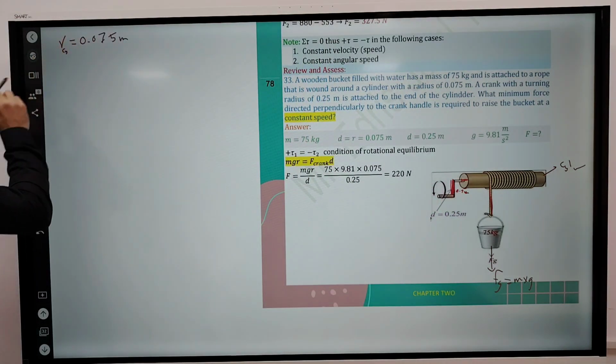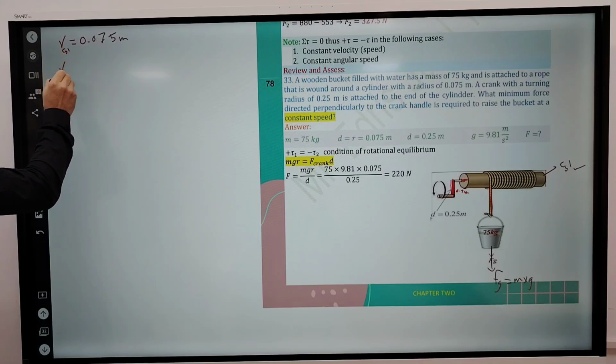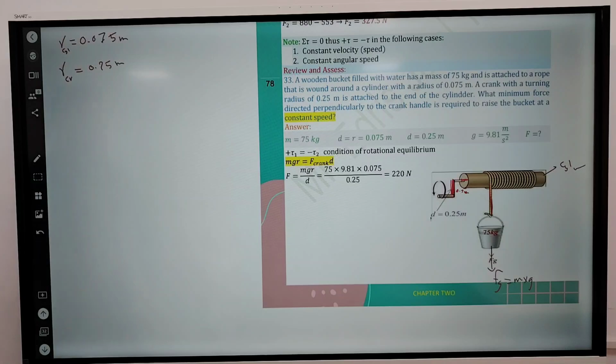The distance of the crank from the axis of rotation is 0.25 meter.